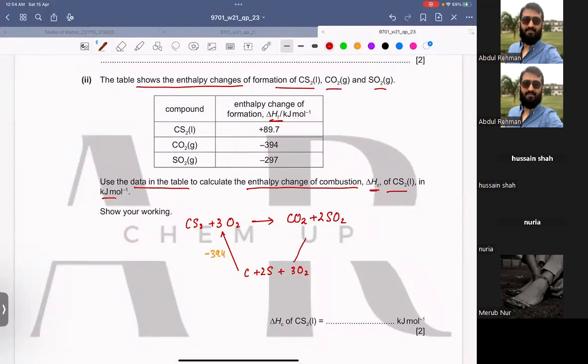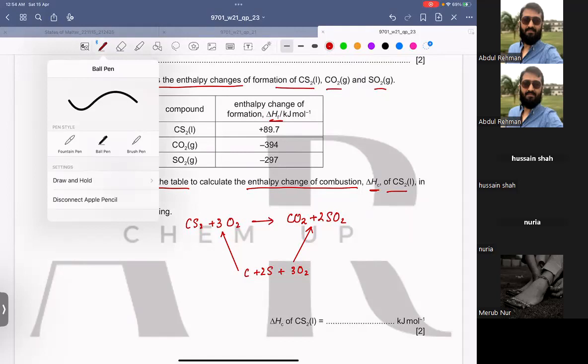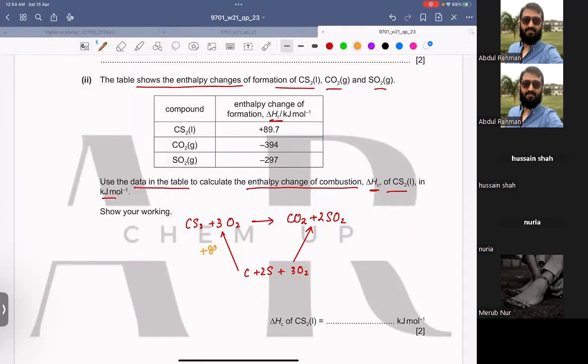Here CO2 and SO2 both would form, so negative 394 plus twice negative 297. And this is X.